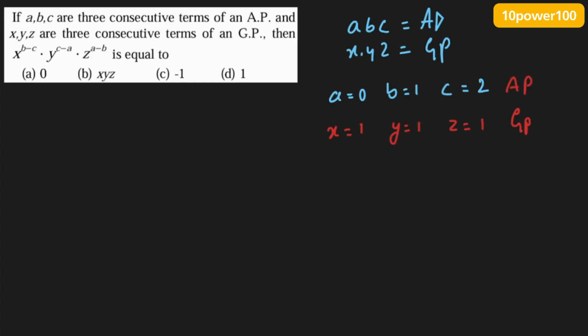Now let's calculate this. 1 power b minus c. B minus c is 1 minus 2, it is minus 1, into 1 power c minus a. C is 2 minus a, so it is 2, into z power a minus b.